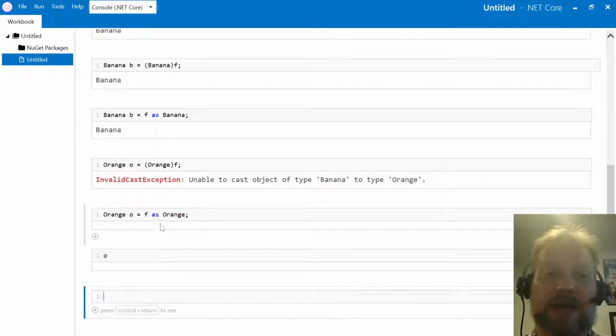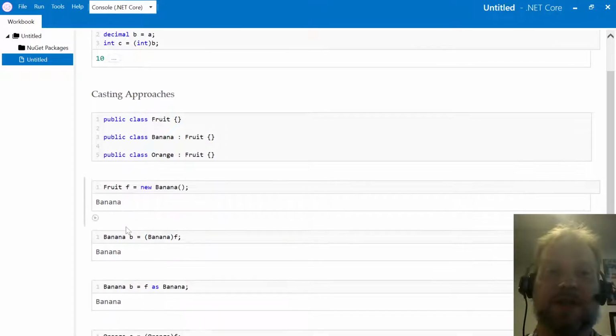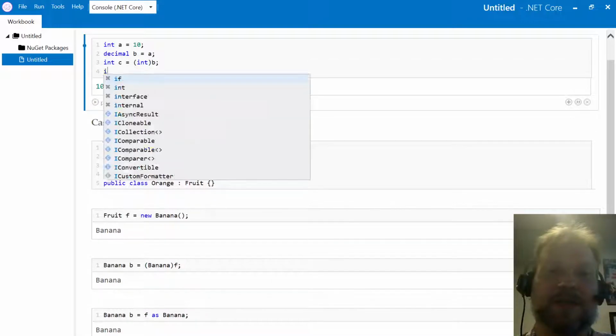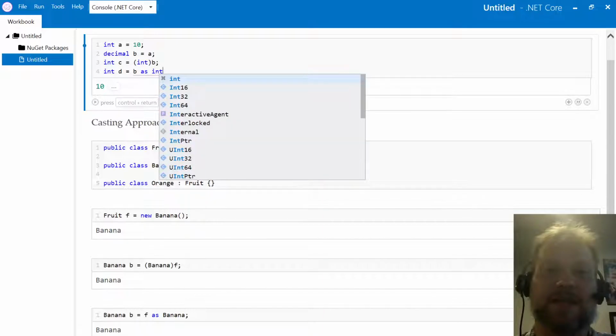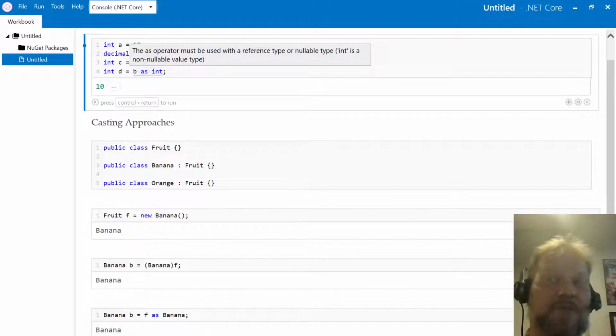Also, the as cast only works with reference types. You can't do it with a value. So if we go back to our ints here, we can't say int d equals b as int. Notice it underlines it in red. It says we can only do that with a nullable type. Remember, value types are not null.